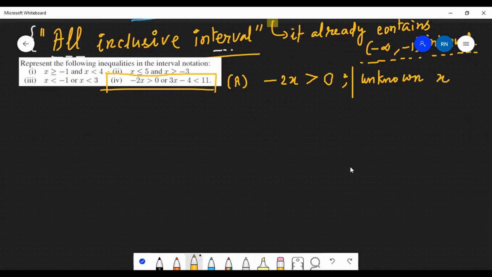Certain rules and tips I can give you. The very first one is that the unknown x should be on the LHS. It is there on the LHS only.